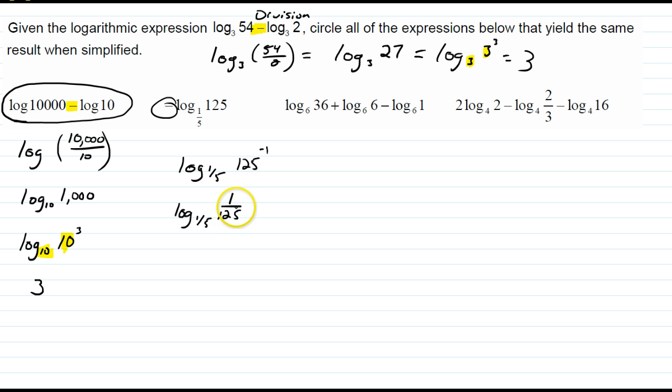And so now we want to rewrite this with a base of 1/5. And so 1/5 to the third power would give us that 1/125th. And so now my bases are the same, and my answer is 3. So this one also works.